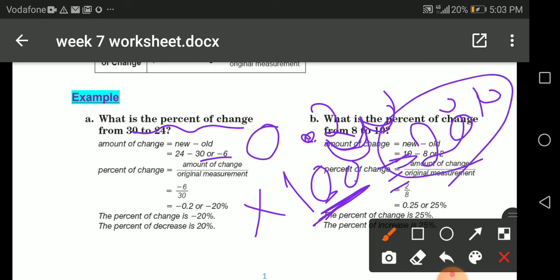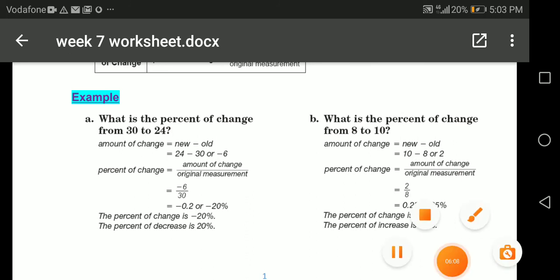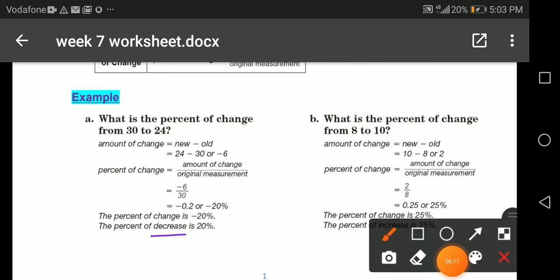So we have a decrease. The percent of change is negative 20%, or we can say the percent of decrease is 20%. If you mention the decrease, don't put the negative sign; if you don't mention it, write the percent of change as negative 20%.